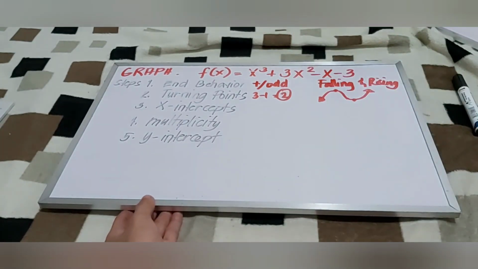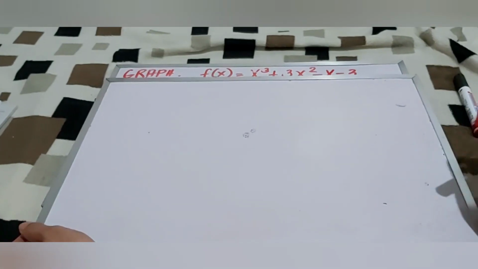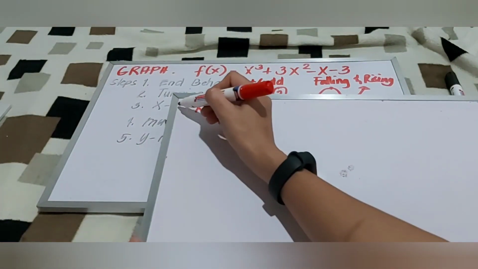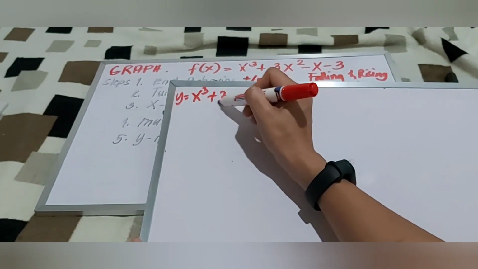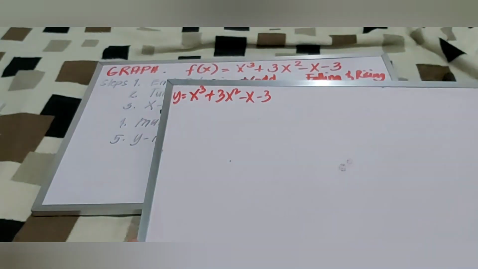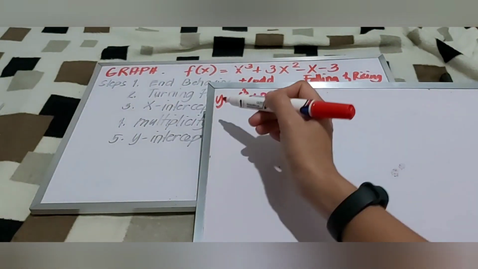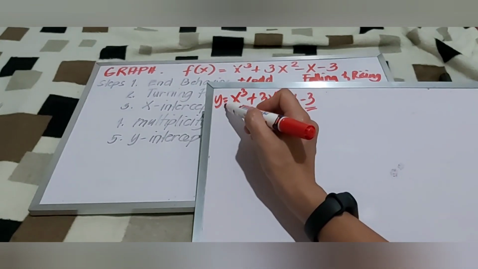For the x-intercepts, dito tayo mag-compute. Compute tayo. So, copy natin muna ang problem. So, y is equal to x cubed plus 3x squared minus x minus 3. Ayan. So, from this function, kunin natin ang ating constant at ang leading coefficient.